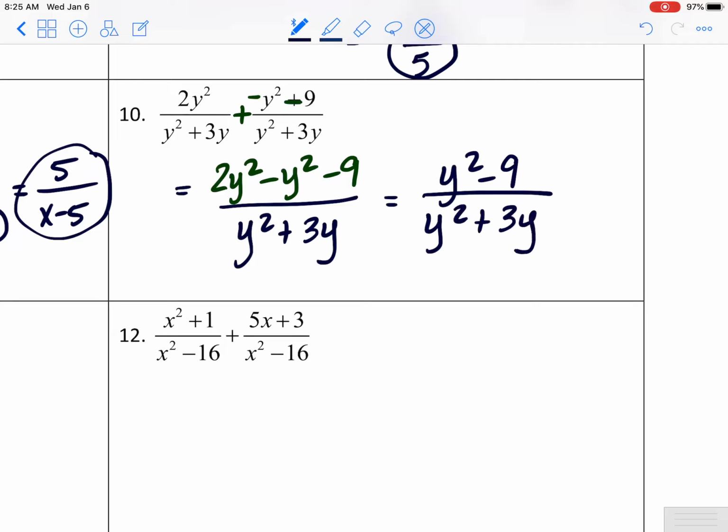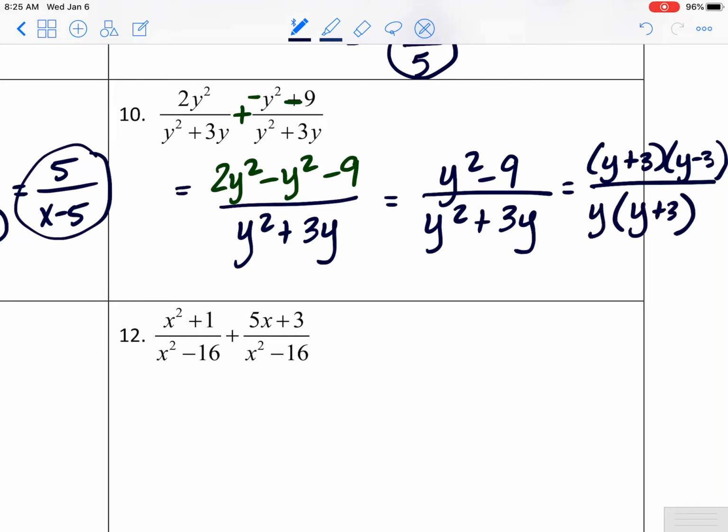And I can definitely factor this. So this is my difference of two squares. And down here, I can factor out a y, which leaves me with y plus 3. And now I can cancel that top with that bottom. So my final answer is y minus 3 over y.